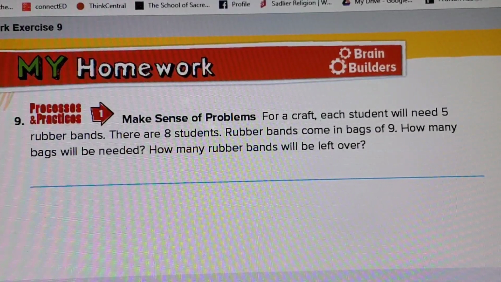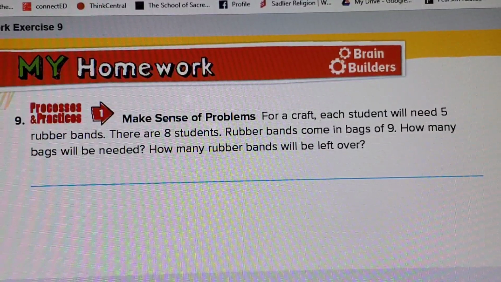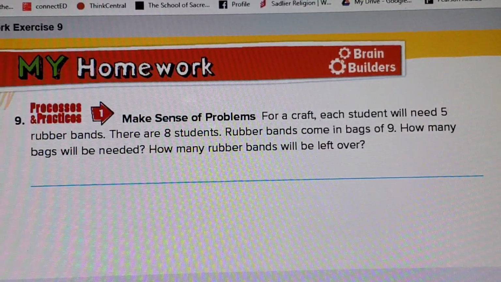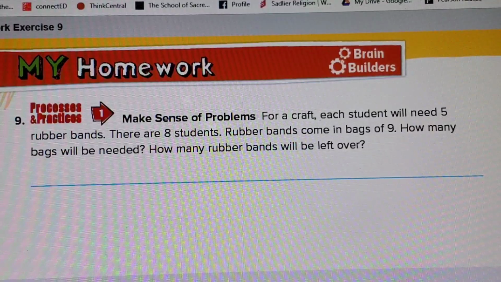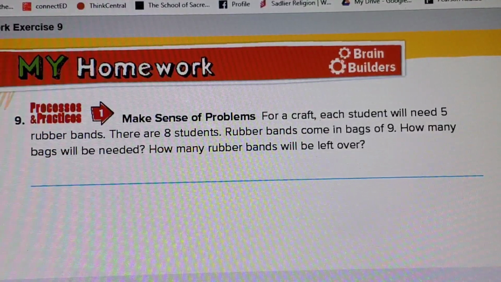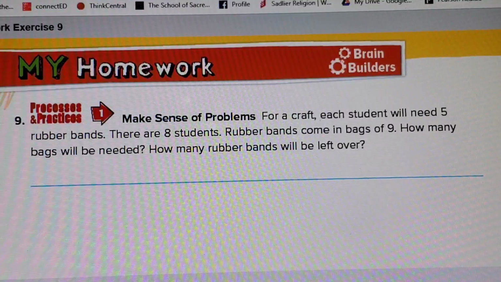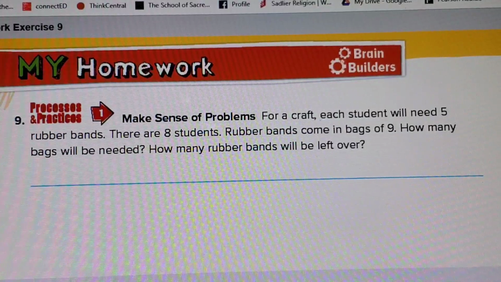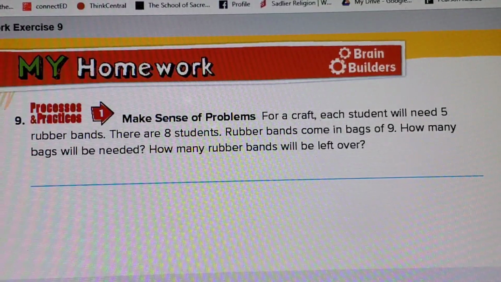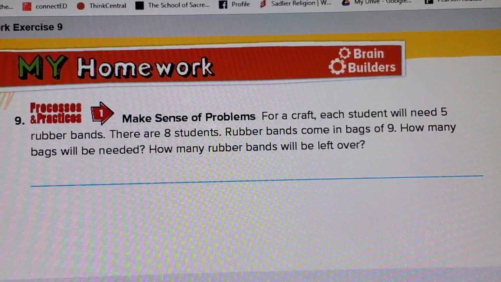Here we are on question 9. It's a bit of a tricky one. For a craft, each student will need 5 rubber bands. There are 8 students. Rubber bands come in bags of 9. How many bags will be needed? How many rubber bands will be left over? First, find out how many you need. So you have 8 students times 5 rubber bands.